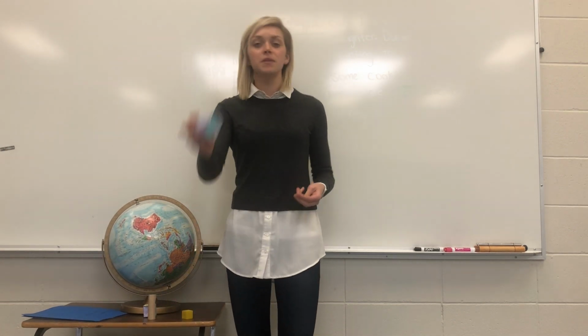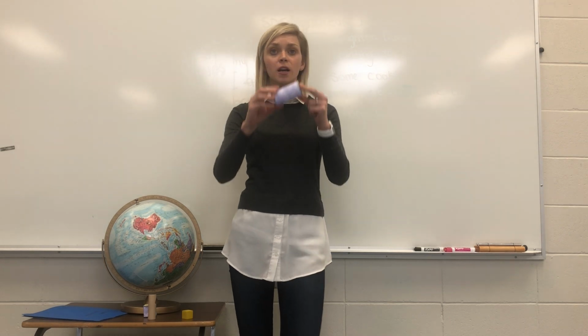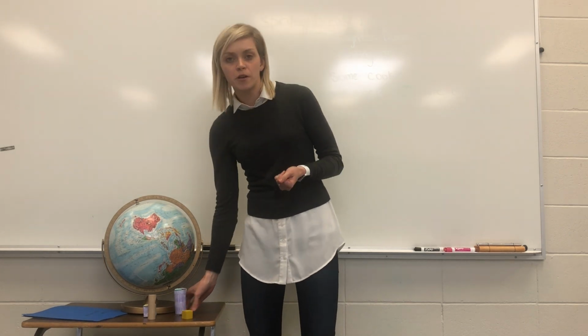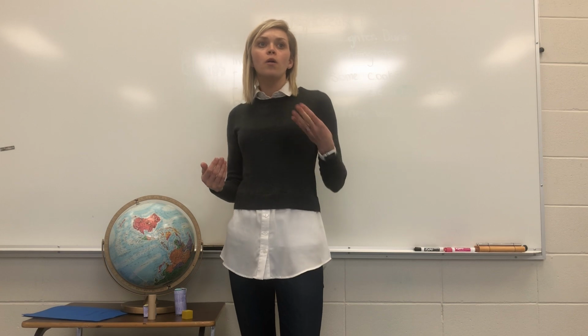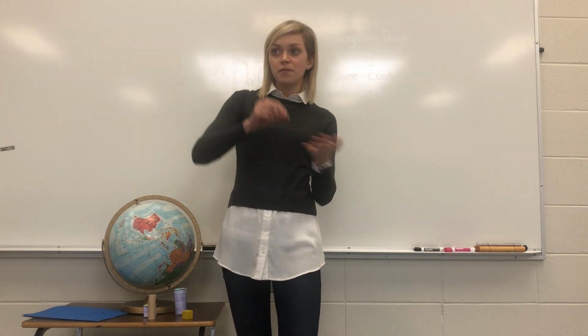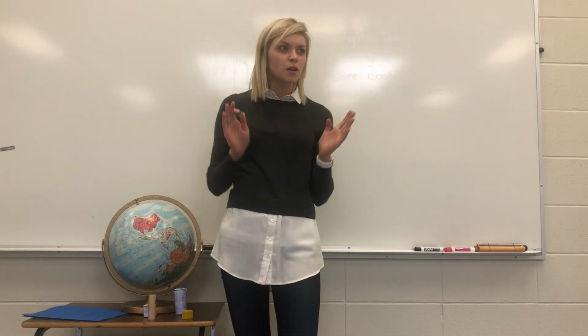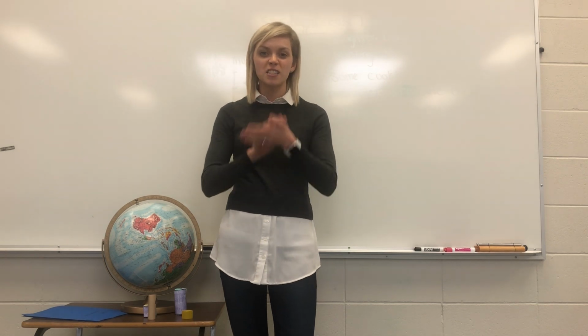There is no net to make a sphere, but you can find spheres all around your house. Maybe you have a soccer ball or a basketball. Maybe you even have marbles. So take a look around and see what you can find that's a sphere.